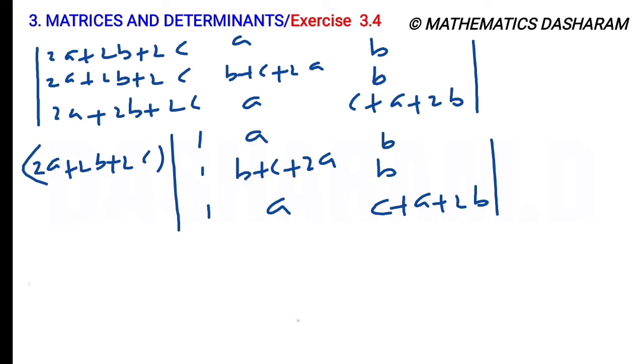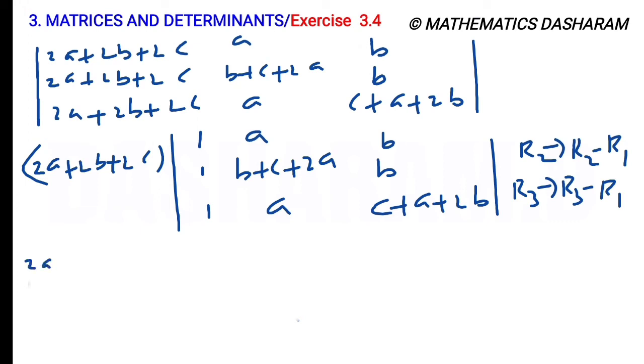So now what I am doing: R2 replace with R2 minus R1, and R3 replace with R3 minus R1. So then 2a plus 2b plus 2c into R1, no changes, so 1 a b.